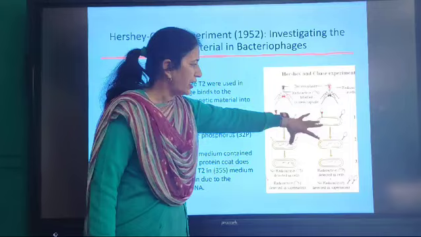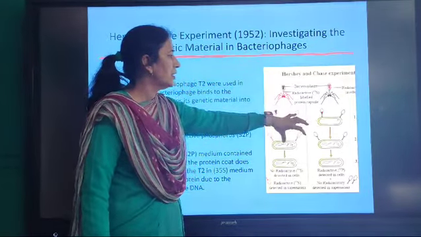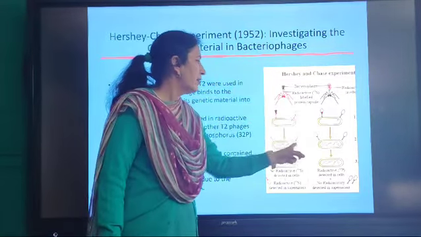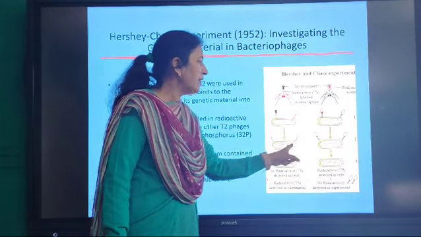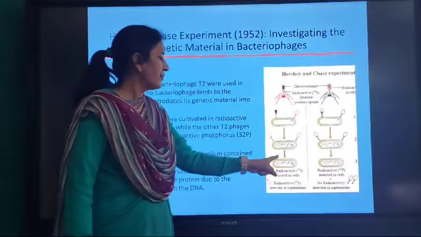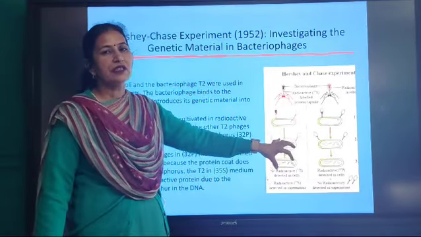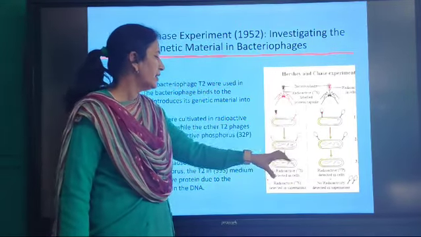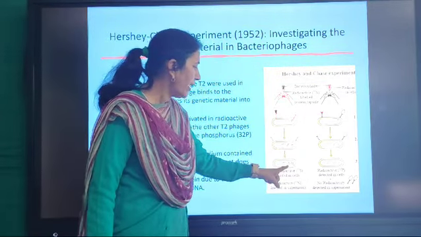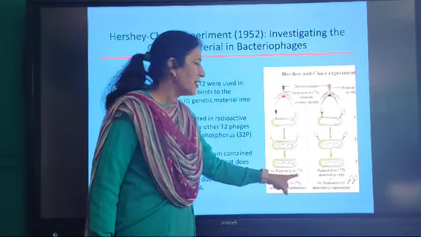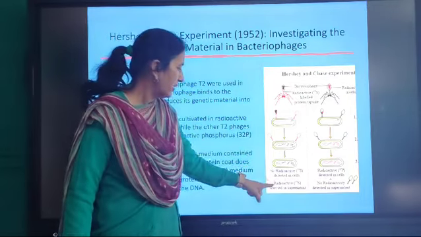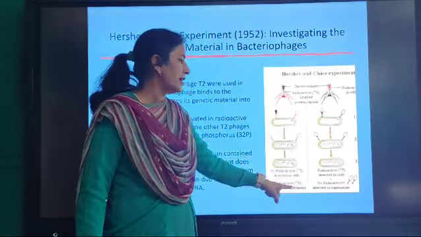Then they injected both these strains into E. coli. Bacteriophage multiply in the E. coli. Then ultimately they centrifuged these cultures and found that no radioactivity was detected in the cells of the first set, but it was present in the supernatant.